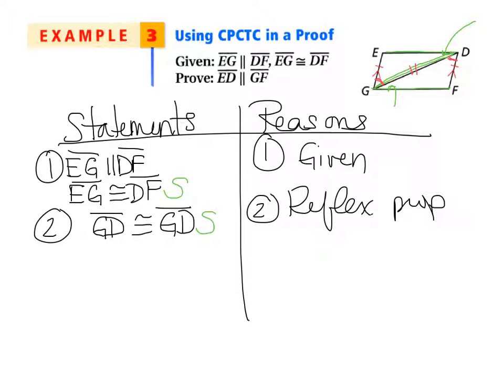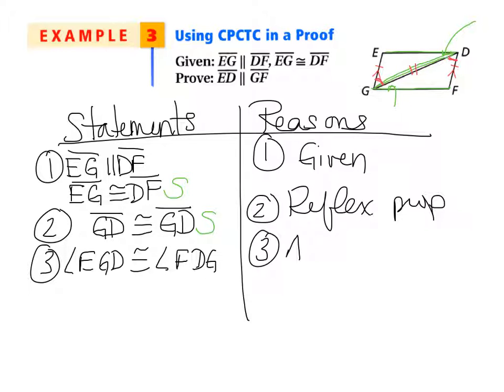So I can say those two angles, which are angle EGD and angle FDG, are congruent because of the alternate interior angles theorem. Step 4, they're now congruent.